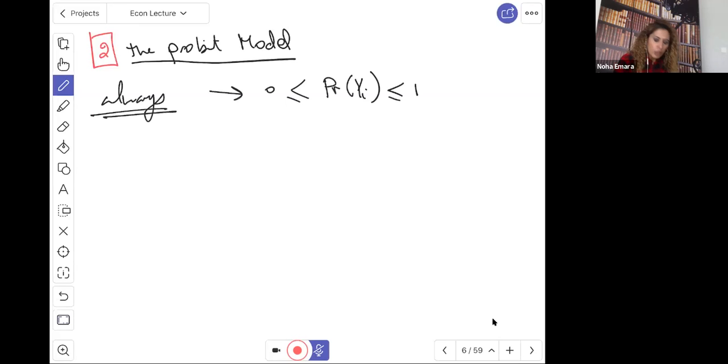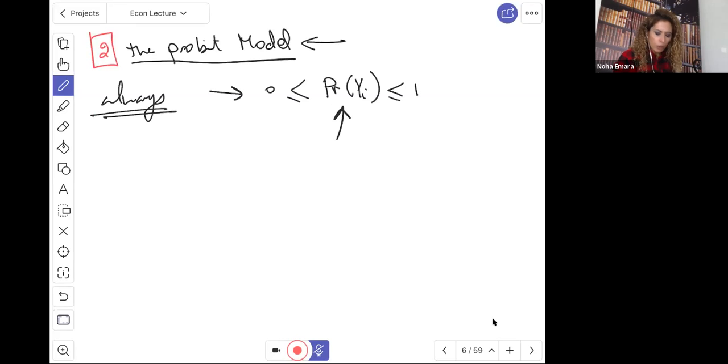The probit model uses a certain type of probability. In the linear probability model, what we used to compute the probability was just the regular probability, right? I'm just giving you an 80% chance that it's going to rain today, 90%, it's the normal probability that we know.